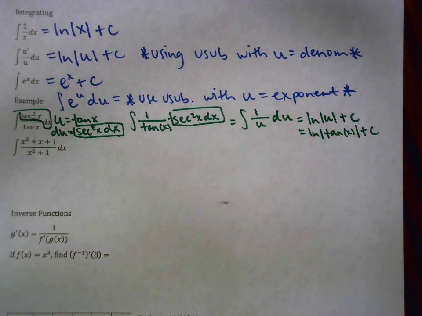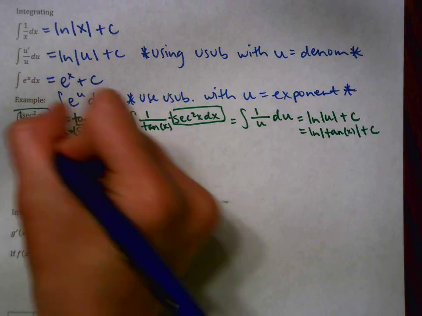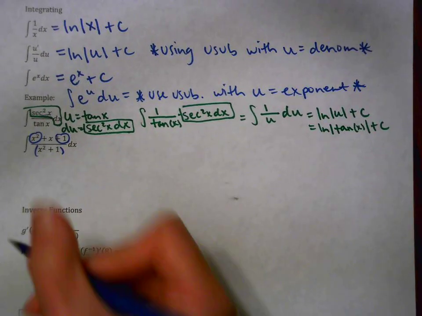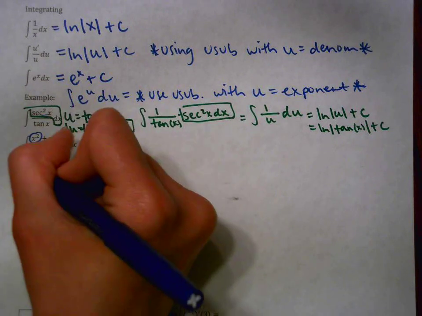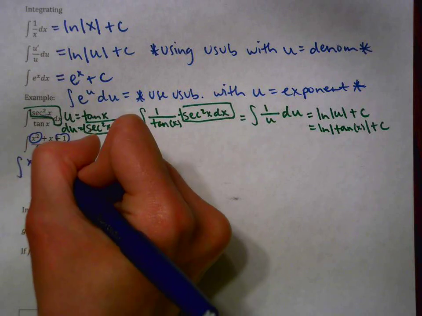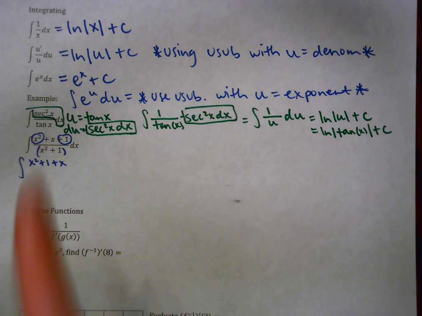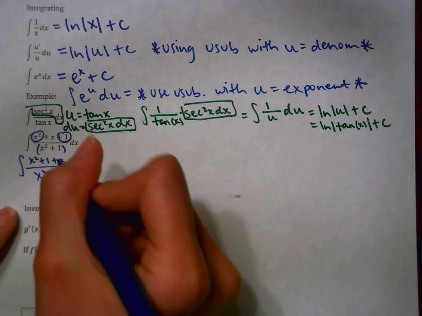Okay, on the next one, this is kind of messy. You might think about a couple different things on this problem, but the best thing would be to notice that this is x squared plus 1, and you have an x squared plus 1 up here, right? So you could rewrite this problem to be the integral, I'm just going to rearrange the top to make it x squared plus 1 and then plus x, because addition, you can rearrange as long as you keep the sign in front of each term the same, over x squared plus 1.